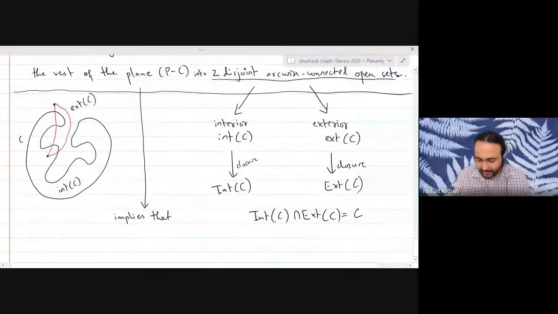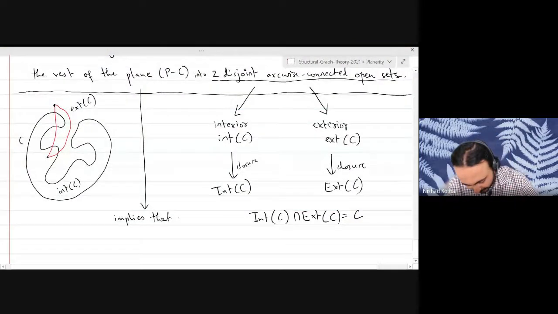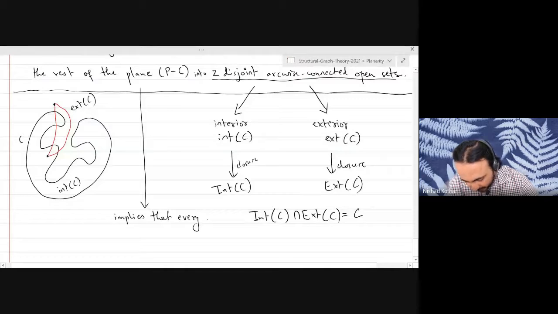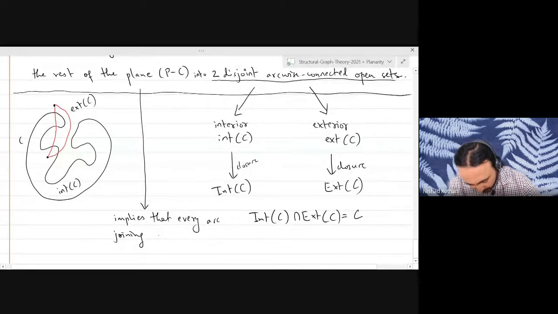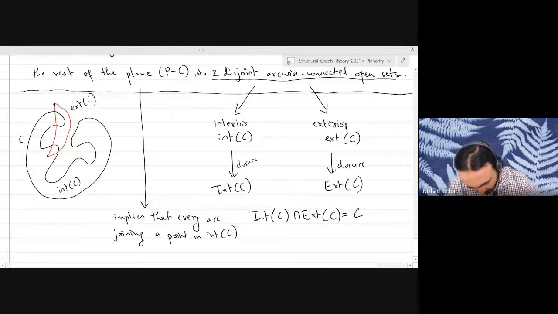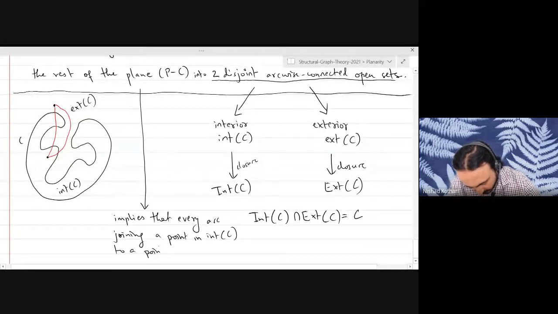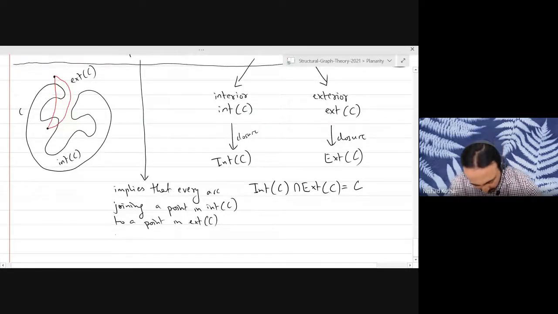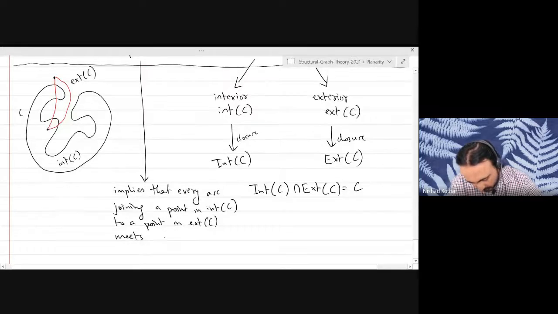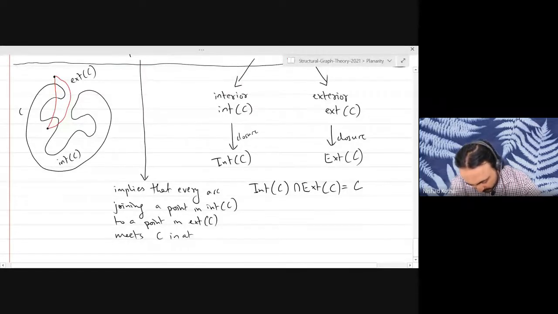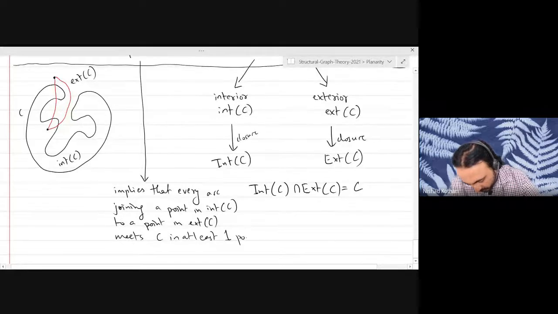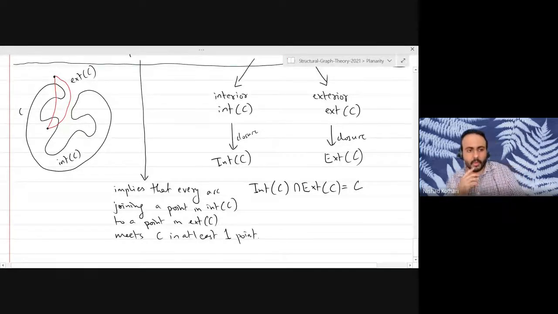I'm so used to graph theoretic notions that I keep using the wrong terms. So every arc joining a point in the interior of the curve to a point in the exterior meets the curve in at least one point. Okay? You have to cross the curve in order to go from the inside to the outside.